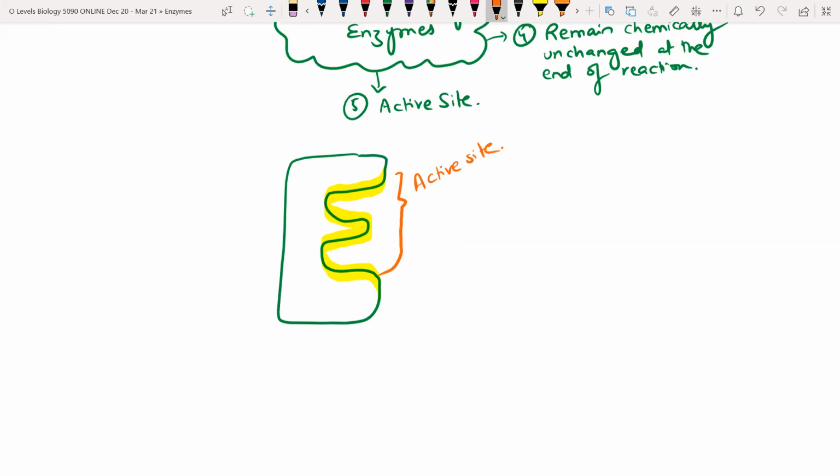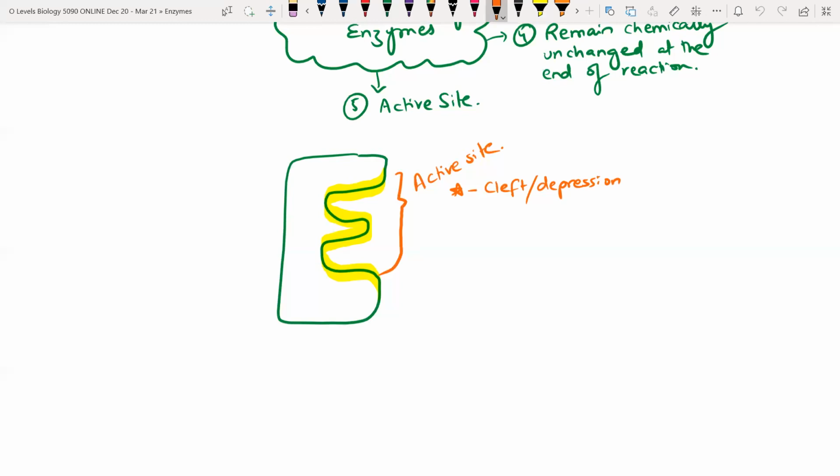Okay, now there are some features of the active site, children, that we should know. Active site basically is a cleft or a depression or a groove, if you like, any word that signifies this meaning.